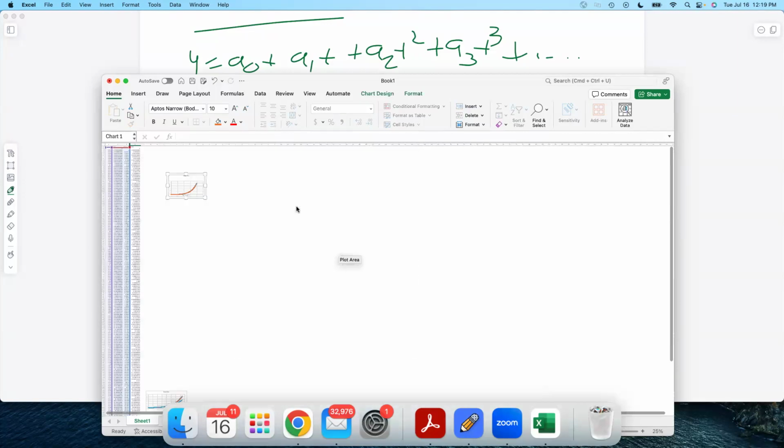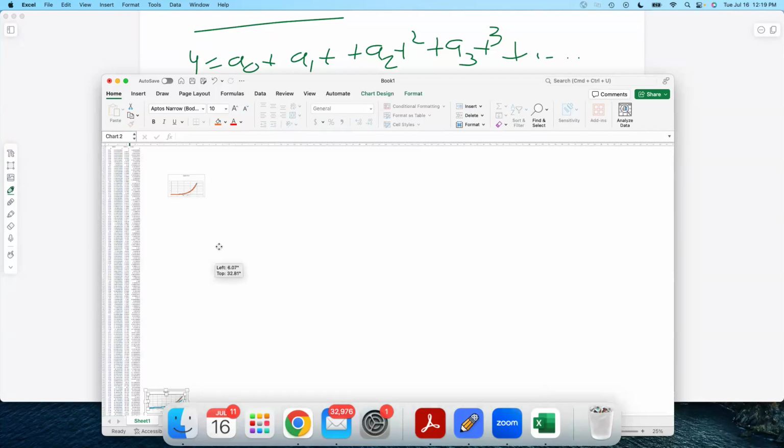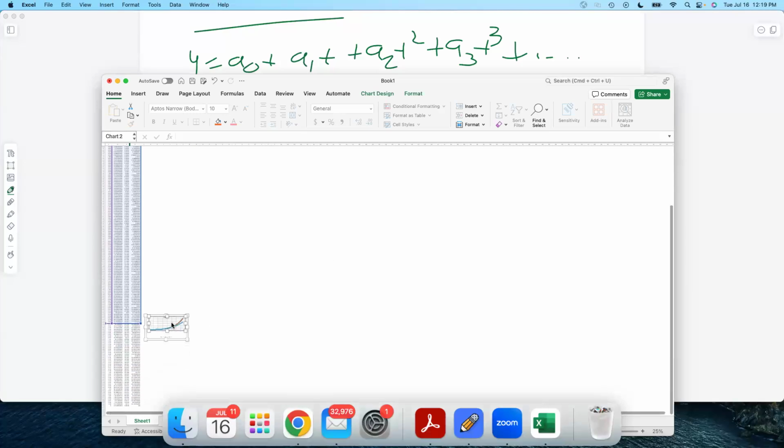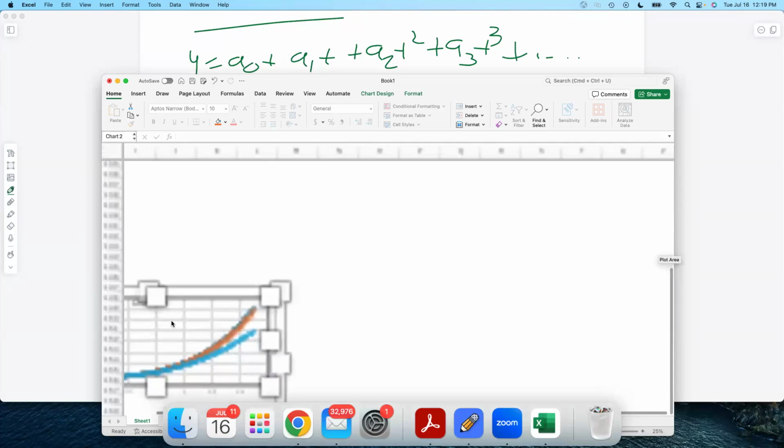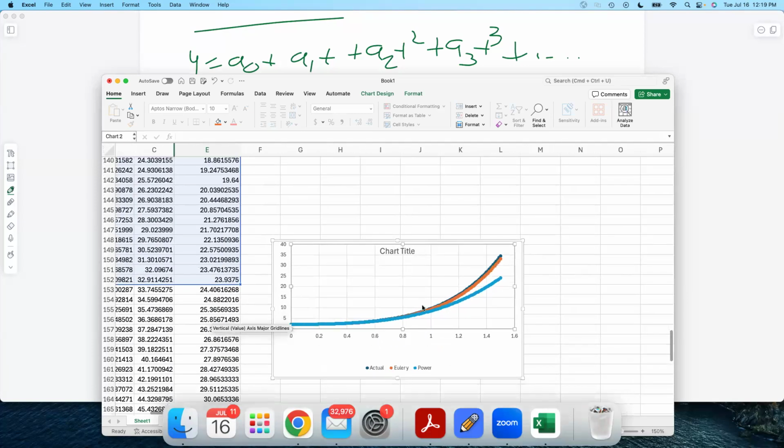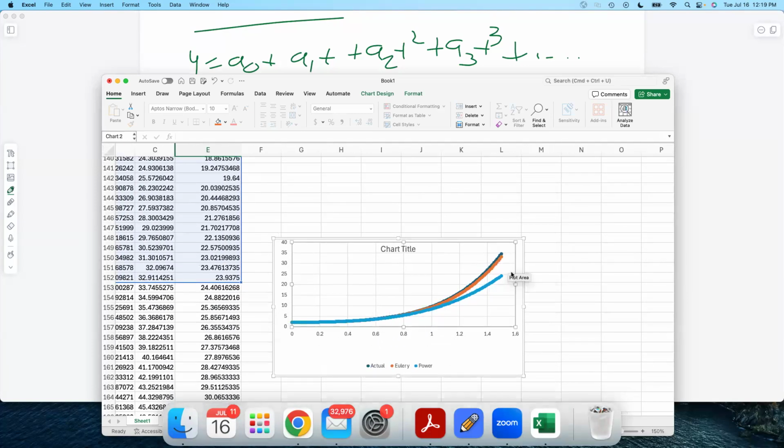I don't know what happened to my other graph. There it is. It's way down here. This is not cooperating. What's going to happen is your power series is going to diverge off infinitely. Once we get really far away, it's going to be a terrible approximation.